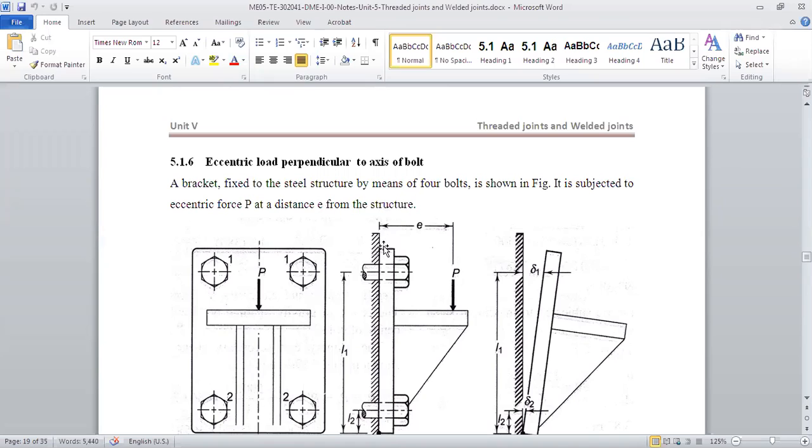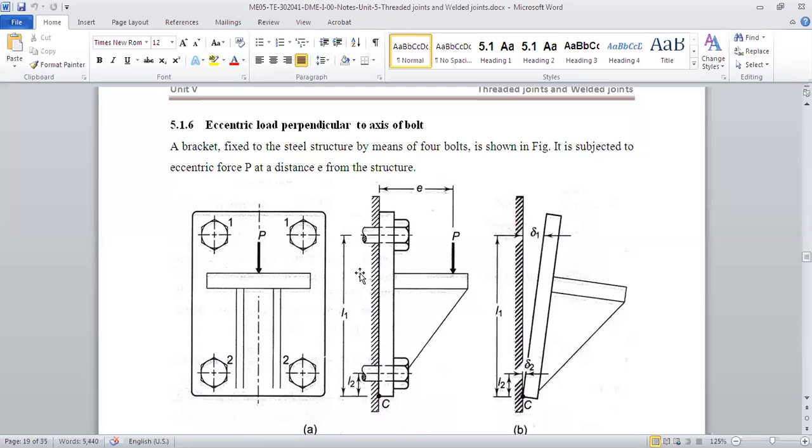In the last case we have seen, the load was in the plane of the bolts. But in today's case, if you see the diagram, the load is not in the plane of the bolts. It is away, in front of the plane of the bolts. So because of that, what will happen?